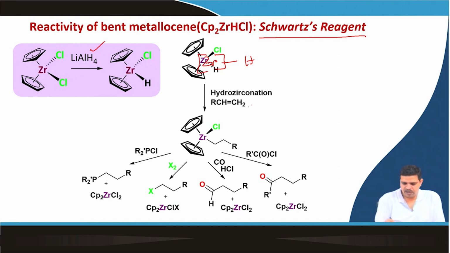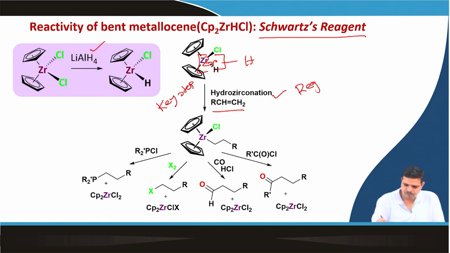Here you will see the hydrozirconation reaction, and it is regioselective. The alkene is inserted into the zirconium hydrogen bond, and it then undergoes different substitution reactions and gives functionalized alkanes.